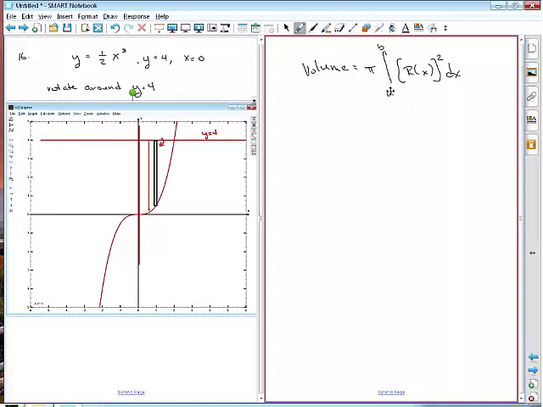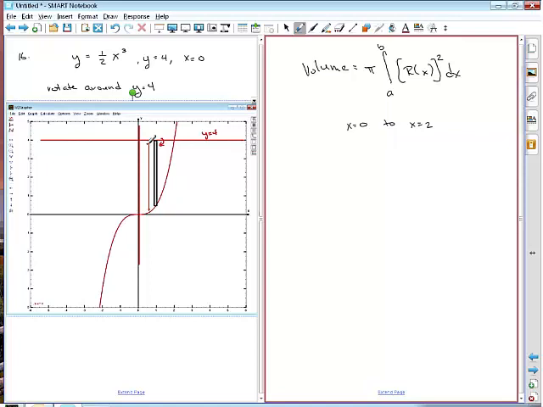The limits of integration from a to b are going to be what are the limits in the x direction. So we start out here at x equals 0 and we go to x equals 4. So that's going to be our limits of integration. X equals 0 to x equals 4, actually it's equal to 2. Y goes to 4, but x goes to 2.